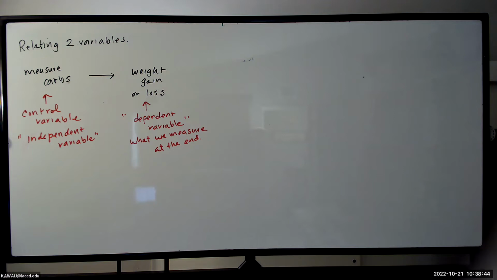And then the dependent variable would be the cow's weight after 2 years. Right? So this is how we set up our experiment, independent. This is what we measure at the end, dependent. Okay, so try doing number 2.